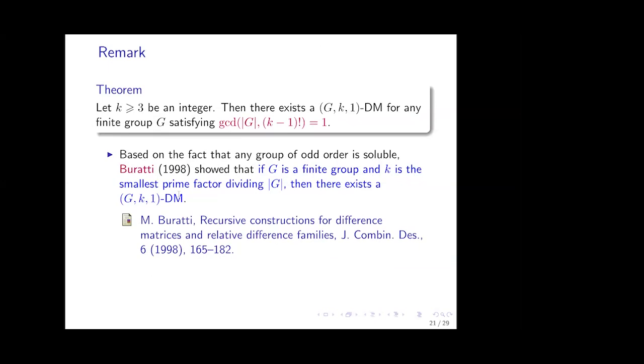It's easy to see that his result is equivalent to the above theorem, but he proved this result using the fact that any group of odd order is soluble. But our proof is very elementary.